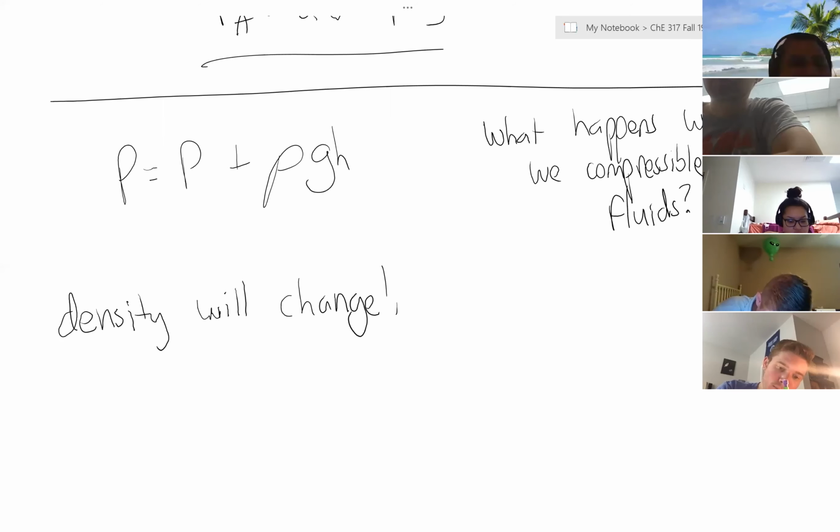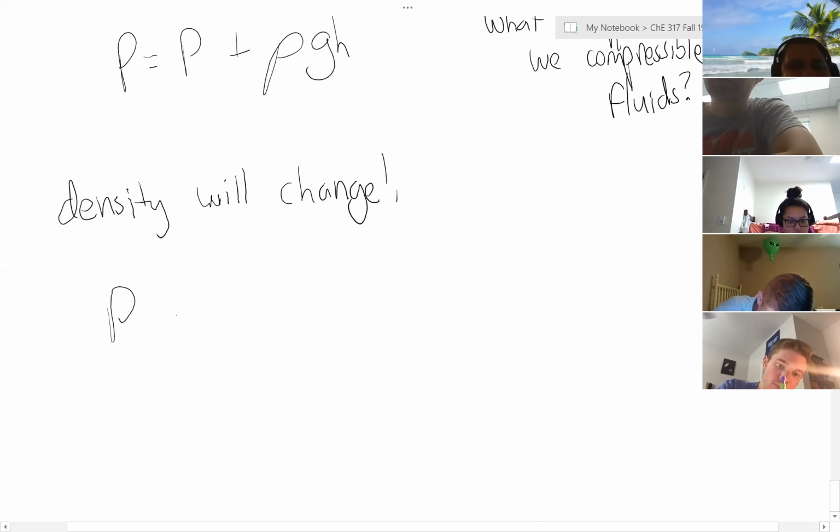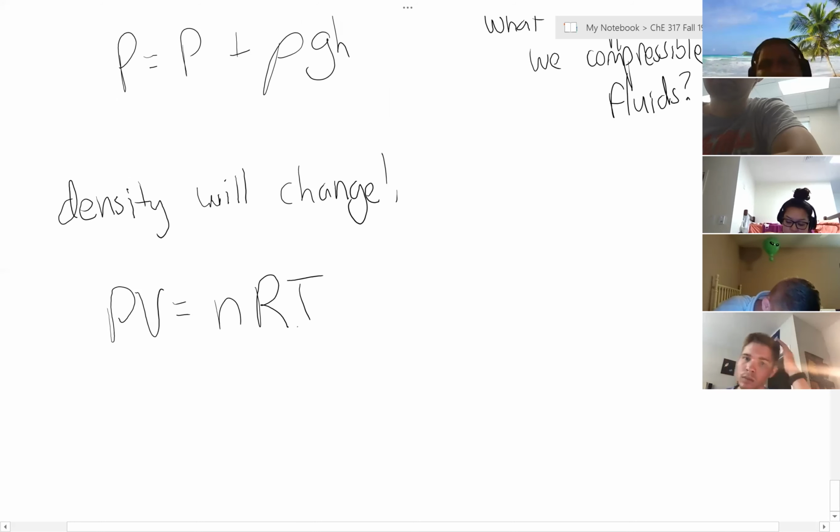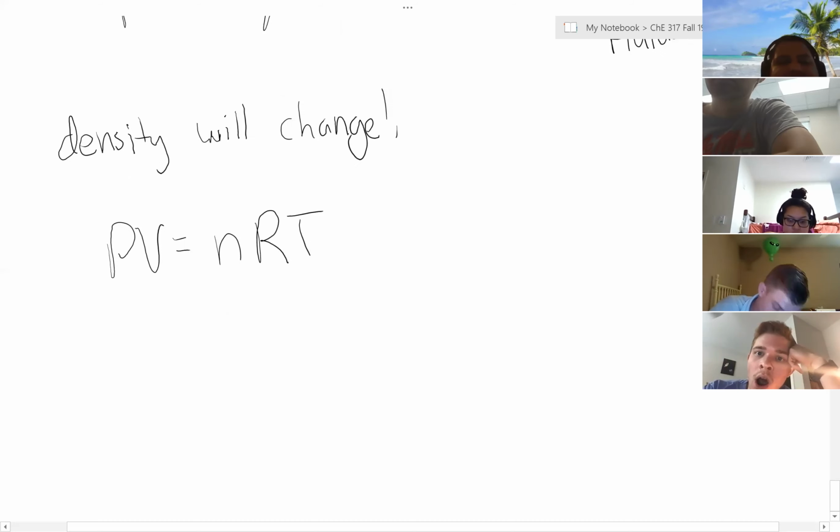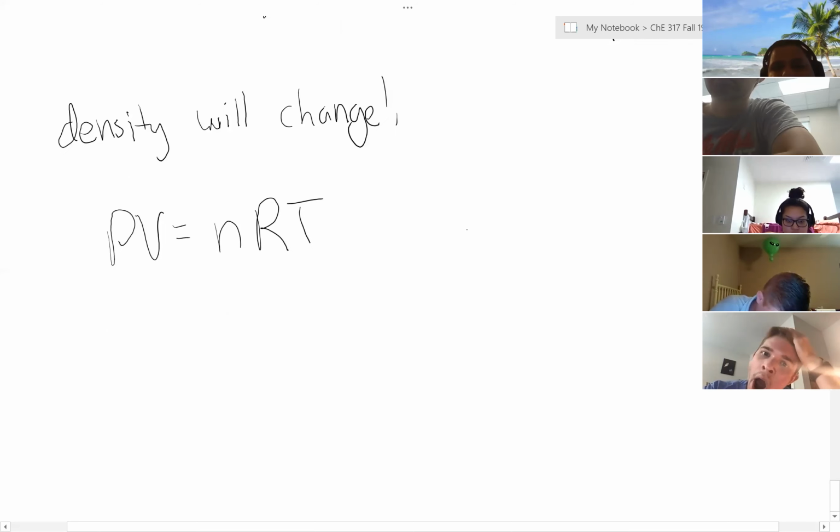Well, if we go to the ideal gas law, PV is equal to nRT, I can come up with an expression for density as a function of pressure. Simply because the number of moles is my mass over my molecular weight, right?